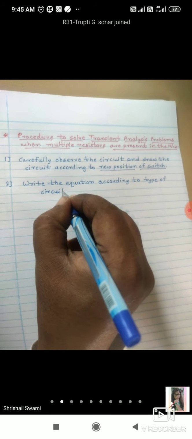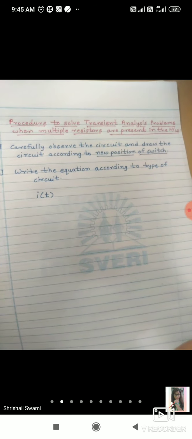Second one, write the equation according to the type of circuit, whether separate RL or RC is there. So what will be the type of circuit? That is I of t, the total response.